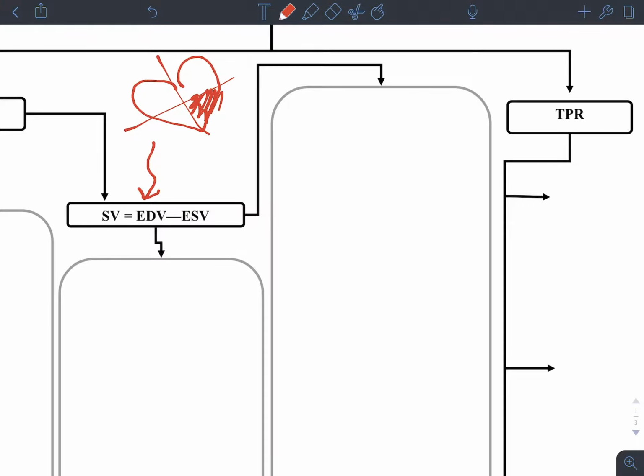And theoretically, hopefully, a majority of this blood should be shot out during ventricular systole, and the amount of blood that actually gets shot out through the aorta will be stroke volume. End systolic volume is the amount of blood we have left over after systole.